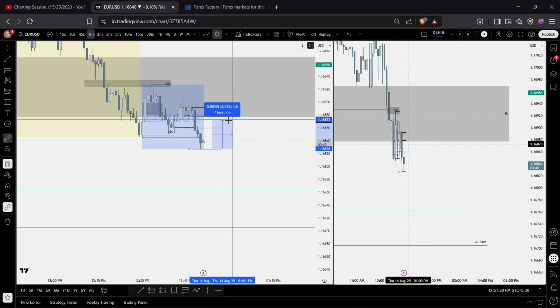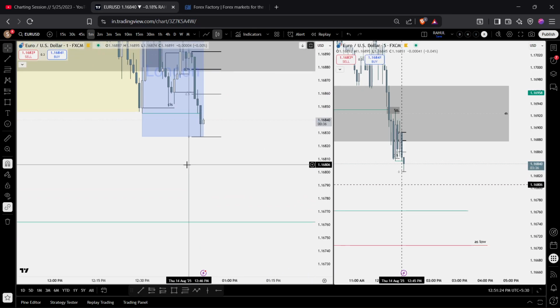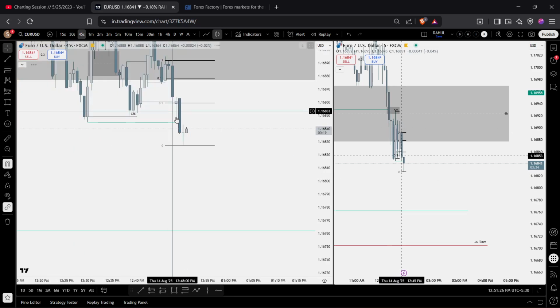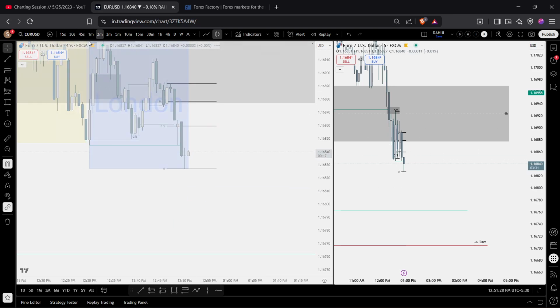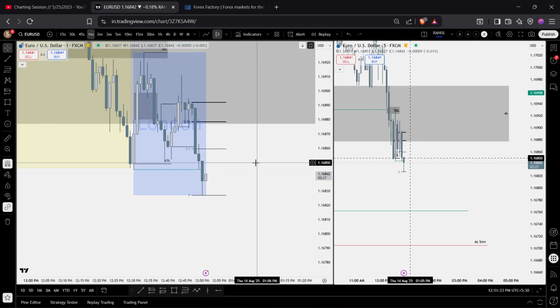Okay, so the stop loss has to be somewhere within this range. Otherwise, my risk to reward is getting messed up. Right. I'm not going to consider this as displacement.